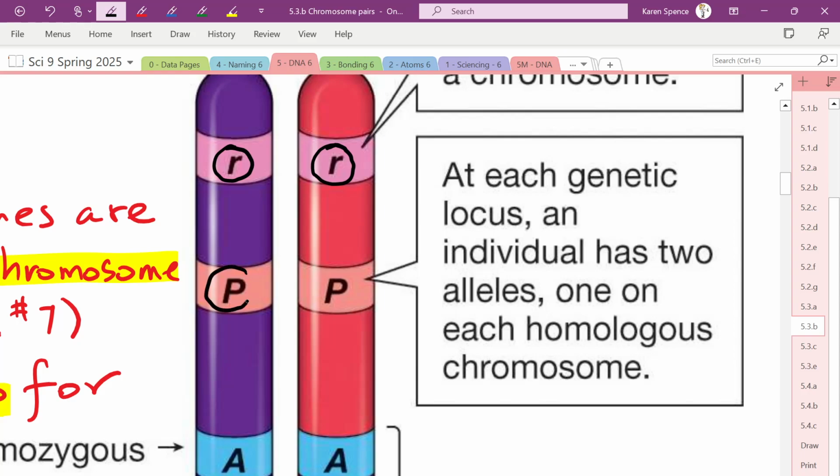We have a capital P and a capital P. That means that this person or this plant or whatever these chromosomes belong to has the same chromosome from the male parent as from the female parent.